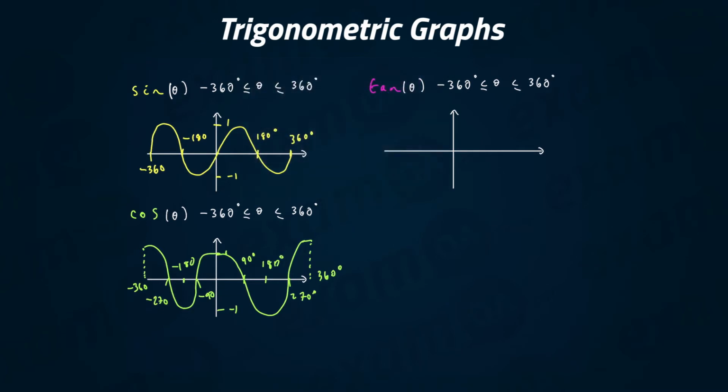Tan theta. What we're going to do is we're basically going to start from the middle and then draw something like this, and go back down and go like that. And this is going to be minus 90, that's going to be positive 90.